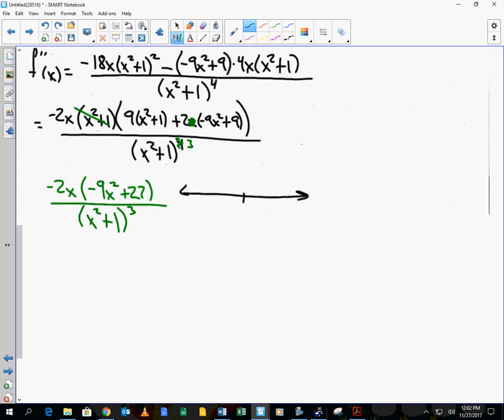So where is this equal to 0? Very good. Negative 9x squared plus 27 equals 0. So I've got negative 9x squared equals negative 27. X squared is 3. So I got negative root of 3 and positive root of 3.